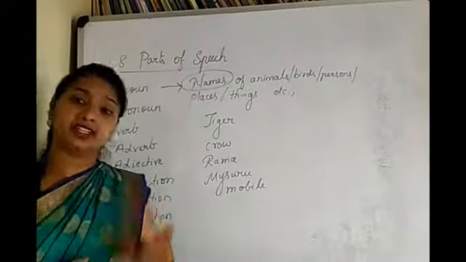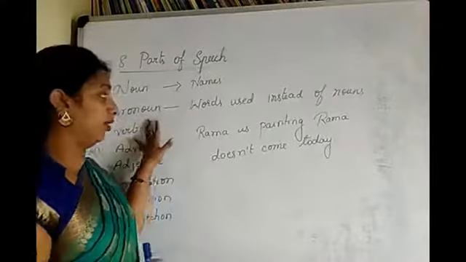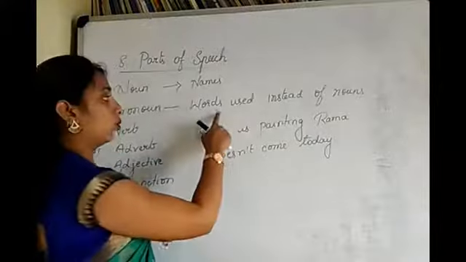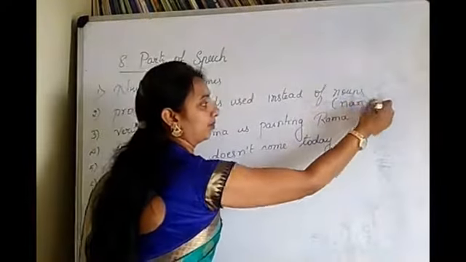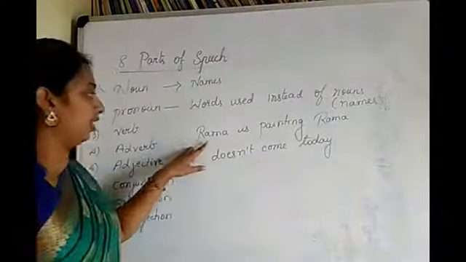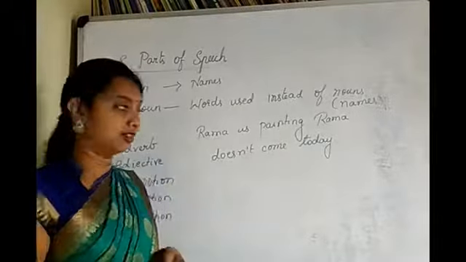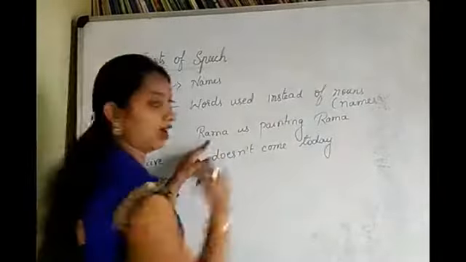Shall we go for the next one? Pronoun. Now, what are pronouns? Pronouns are the words used instead of nouns. Nouns means names. Words used instead of nouns means instead of names. Example we'll take. First one. Rama is painting. Rama doesn't come today. If we write a sentence, we don't repeat the names 2 times. Rama, Rama. It is repeated.